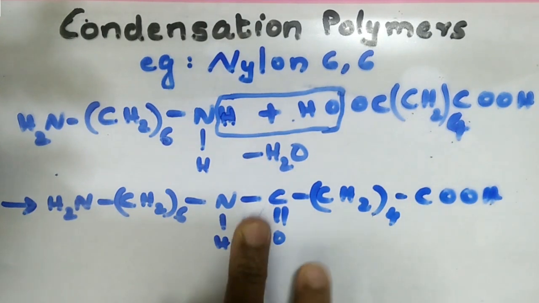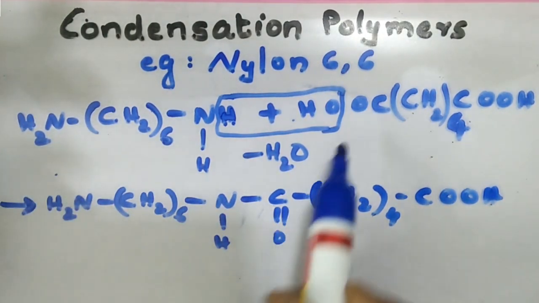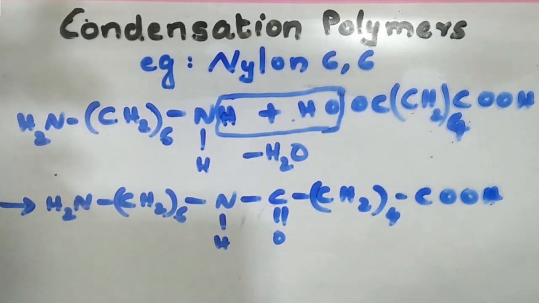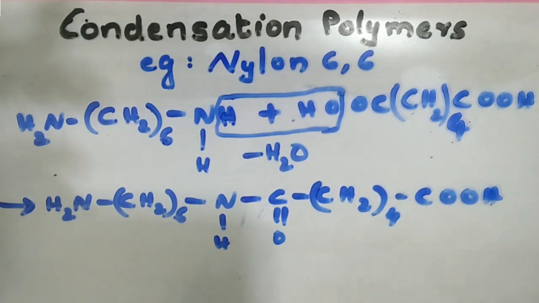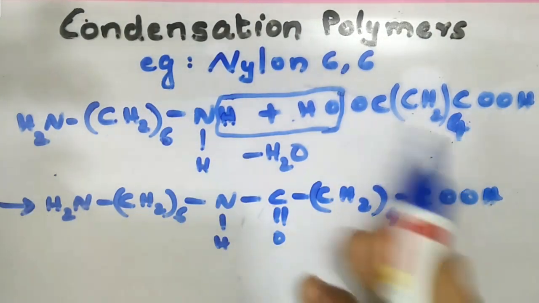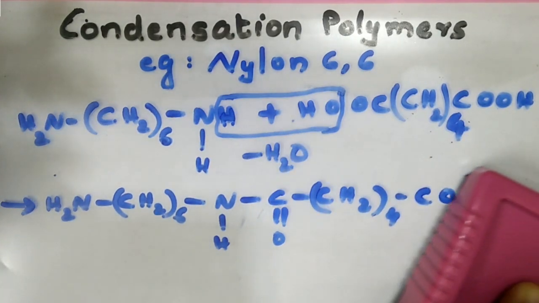This is the product obtained if you are having one molecule of hexamethylene diamine and one molecule of adipic acid. In the case of polymer, we have to take n molecules of both of these molecules, right?